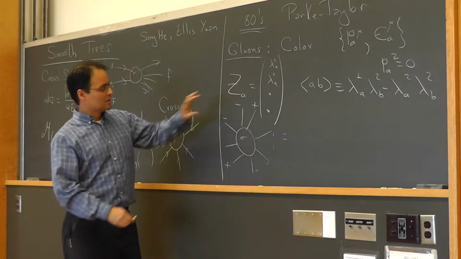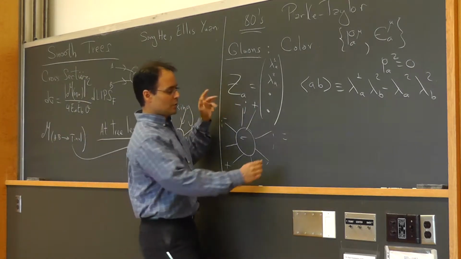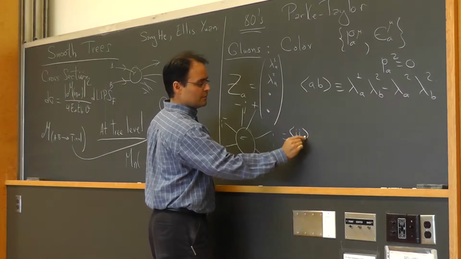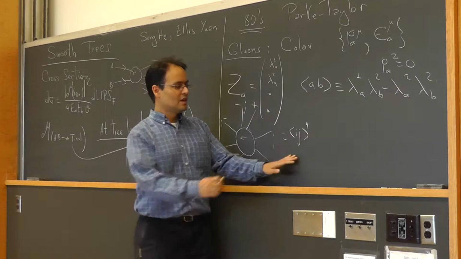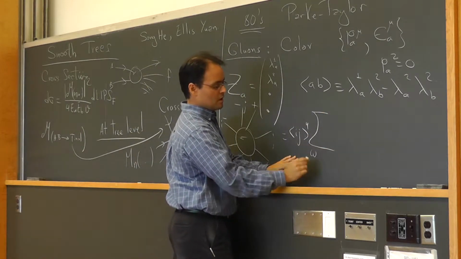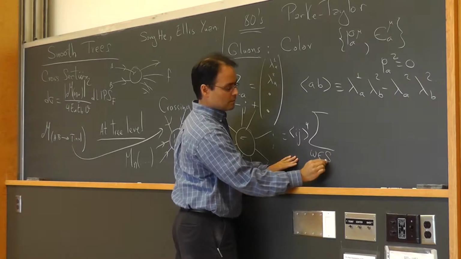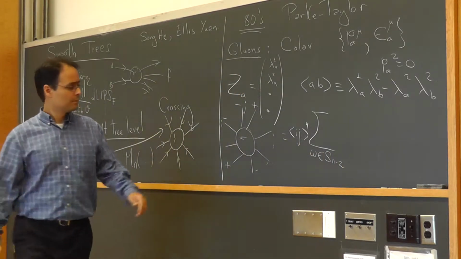So the two particles of negative helicity, let me call them i and j. So the only dependence on them comes here in a factor of this form, but with i and j to the fourth. And there is here a sum over permutations of n minus 2 elements.